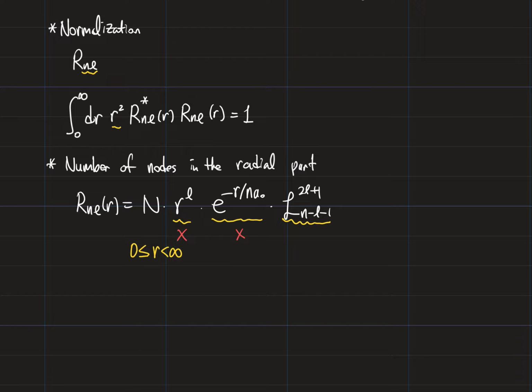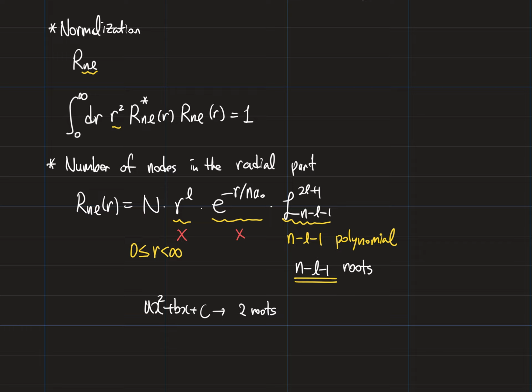As I mentioned, the Laguerre function with these indices is an n minus l minus 1 order polynomial, so it should have n minus l minus 1 roots. If you think of a quadratic function, ax squared plus bx plus c, generally it has 2 roots. So the order of the polynomial means the number of roots. So we have n minus l minus 1 roots because of the Laguerre function.